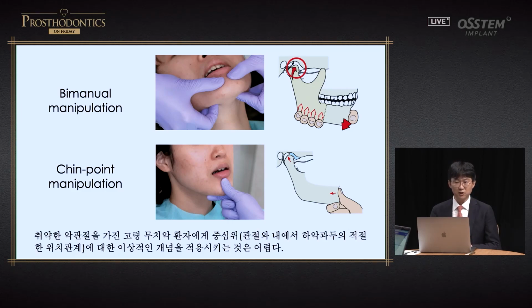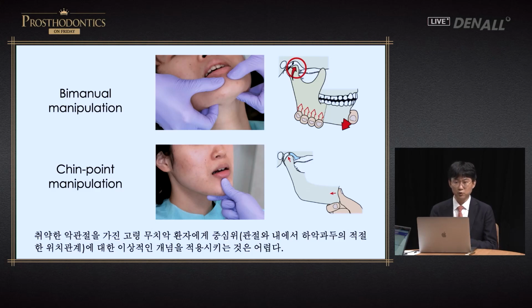Or chin point manipulation is used to apply force on the chin. Feeling the rotation, closing of the mouth is induced. For patients with normal TMJ, there will be no problem in terms of errors as the condyle is pushed backward just slightly. Patient cases will be introduced later.